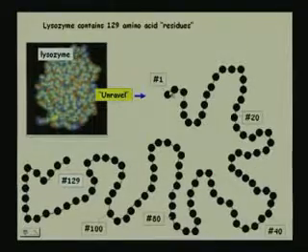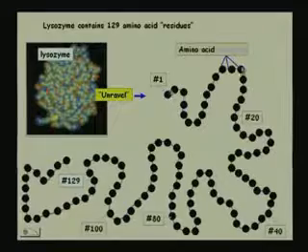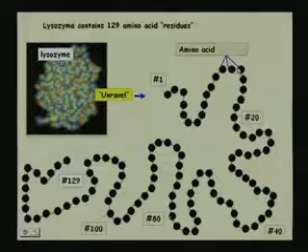What are these bonds? These are covalent peptide bonds linking the beads that are amino acids together. If we go further into the detail, we have these amino acid residues that are linked by peptide bonds to form our polypeptide chain.